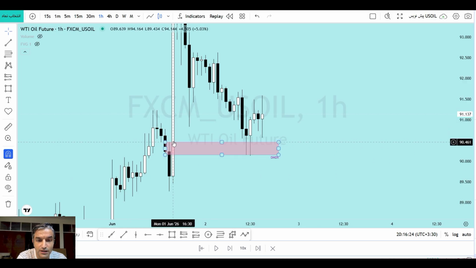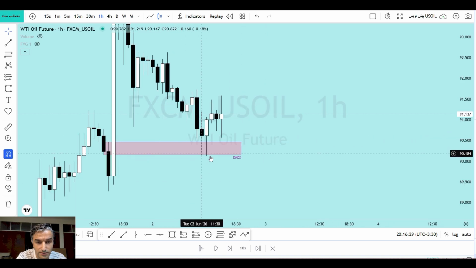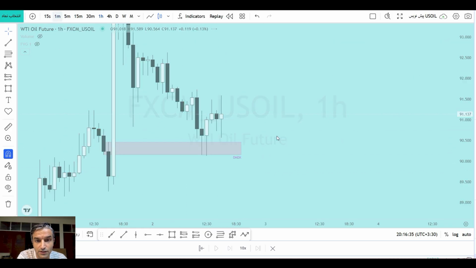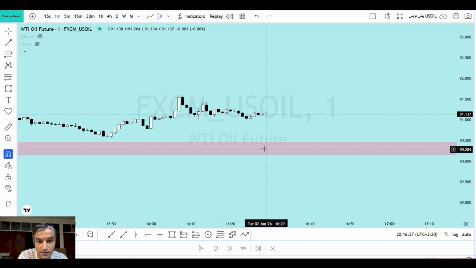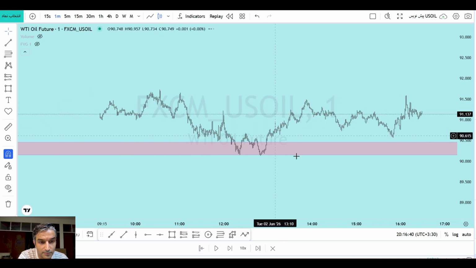Price broke this area very fast, quickly. Then price came and touched this area. This is our main time frame. For entry, we need the lower time frame. Let's see what is in the 1 minute.